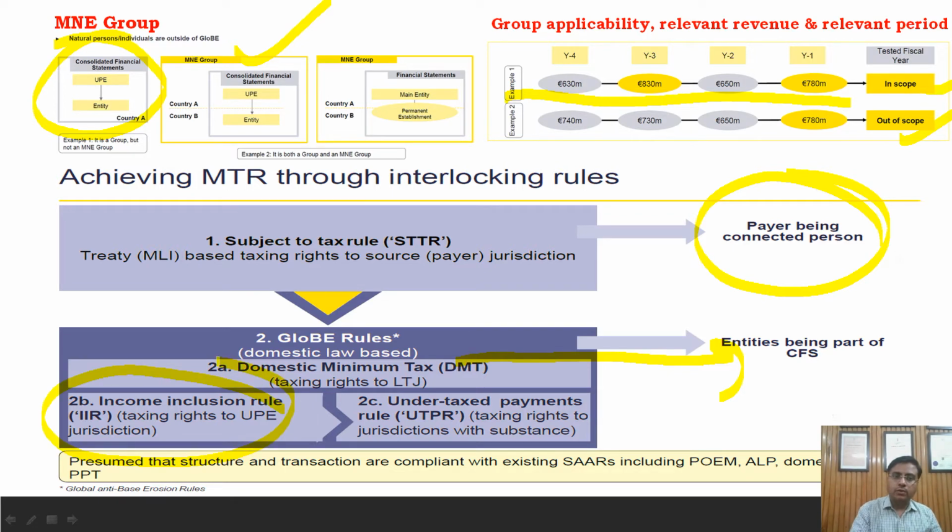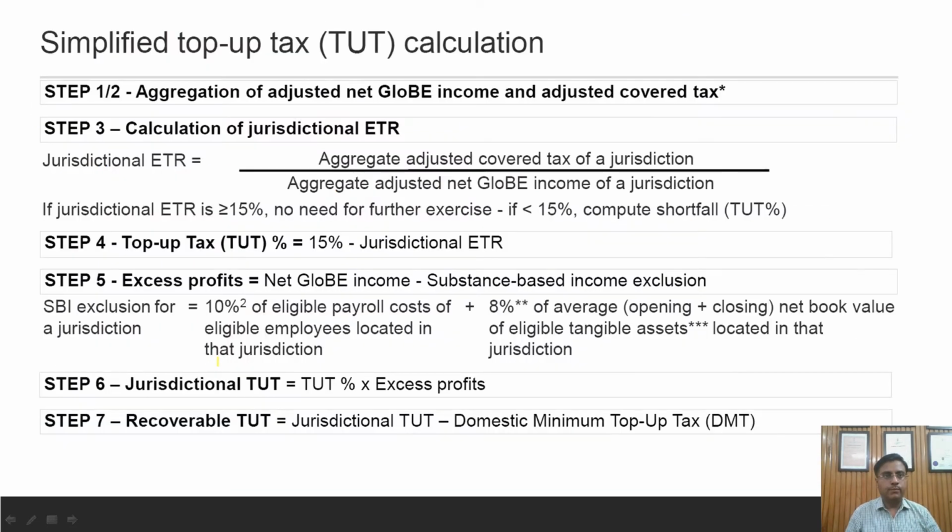So the taxing right goes to the ultimate parent entity jurisdiction, as in my example, India. UTPR is the taxing right of the jurisdiction where the substance is situated. So this is the whole story of Pillar 2.